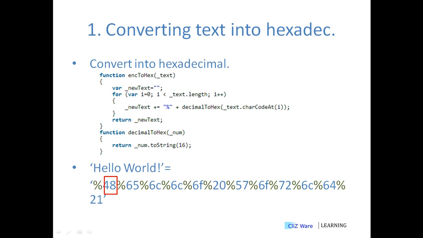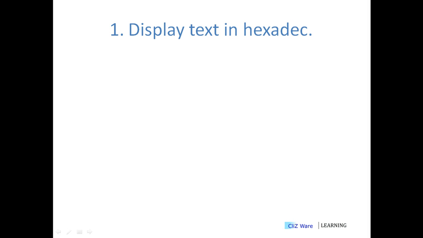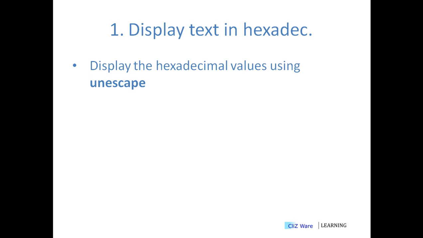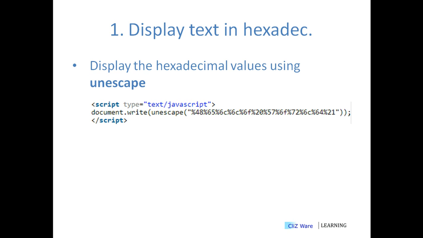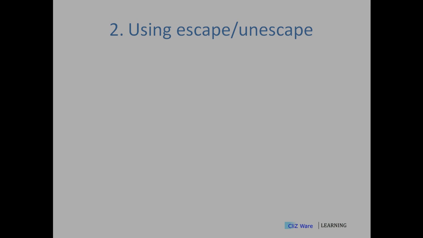If you would like to display text in hexadecimal, you will need to use a function called unescape. That's a built-in function in JavaScript, so you don't need any libraries at all. It's a core function, so it will work. So basically this is an example. You define a script and you type document.write unescape, and then you enter the hexadecimal values using that format.